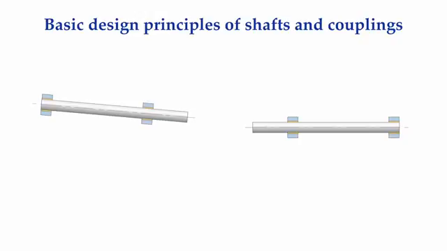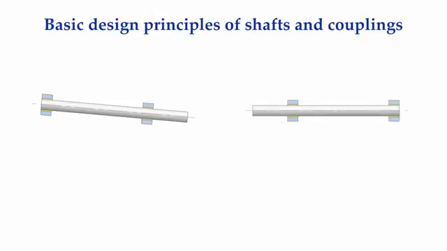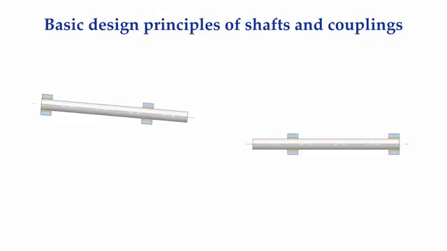Likewise, it is possible for the shaft on the right to be in this position, or this position, or this position. In other words, there is an infinite number of possible variations for the positions of either shaft, and therefore an infinite number of misalignment possibilities between the 2 shafts.